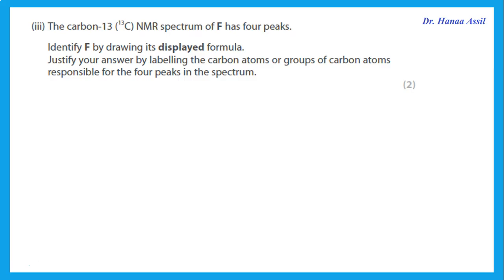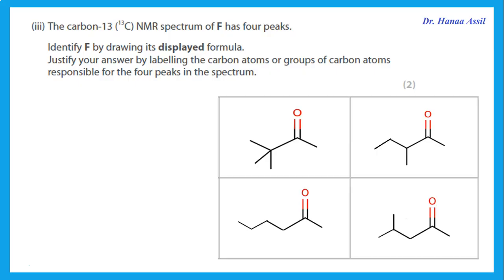The carbon-13 NMR of F has 4 peaks, so identify F. We said these are the 4 possible structures, and the question now is, which of these would give 4 peaks in the carbon-13 NMR? 4 peaks means 4 carbons or 4 carbon environments.